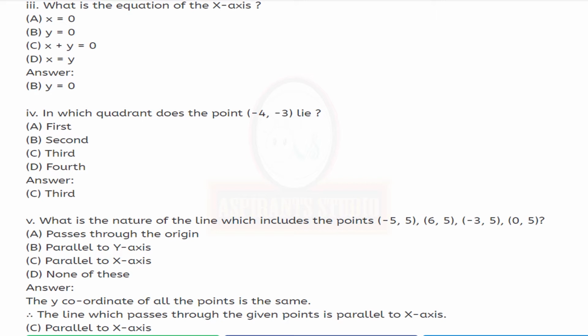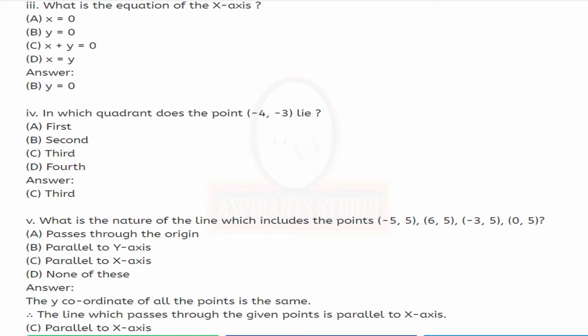What is the nature of the line which includes the points (-5, 5), (6, 5), (-3, 5), (0, 5)? You can see the y coordinates in all these ordered pairs are constant: 5, 5, 5 and 5.